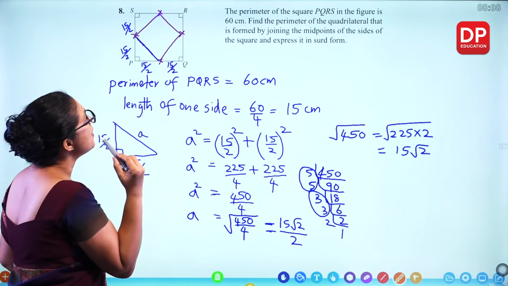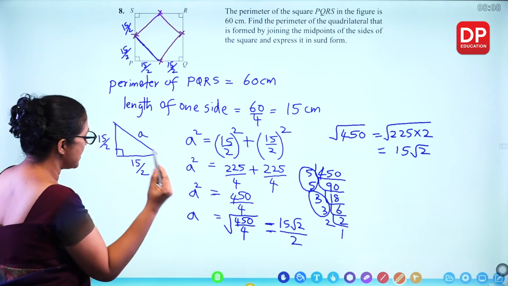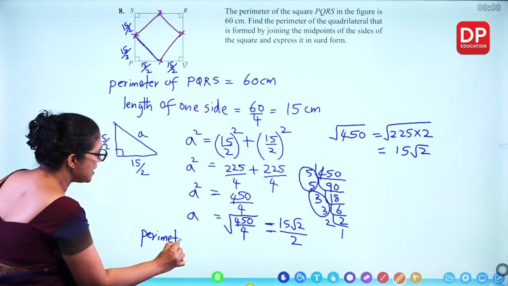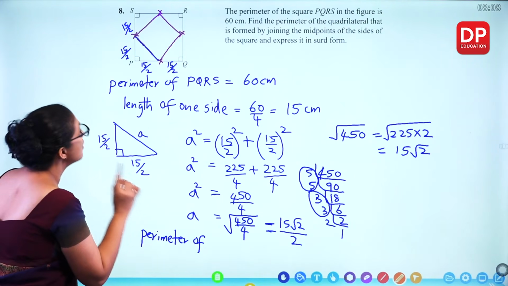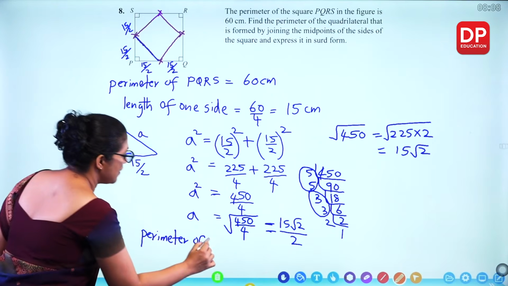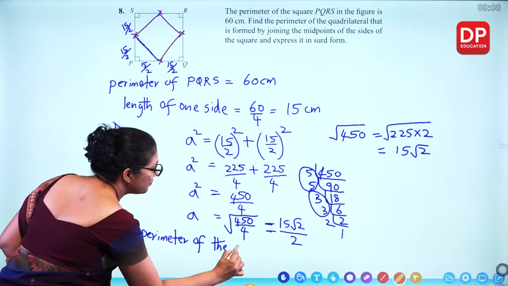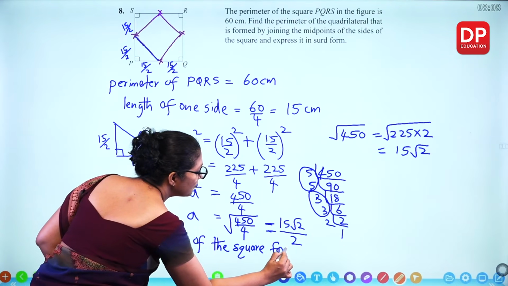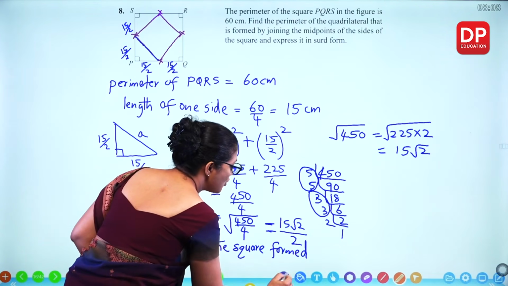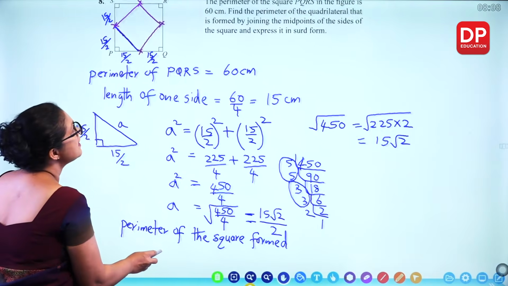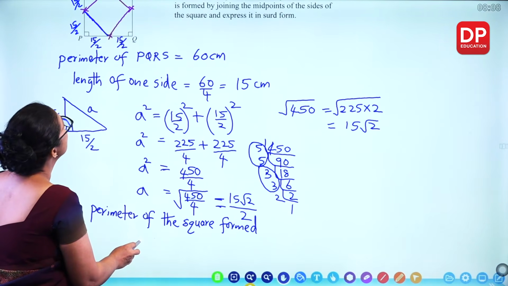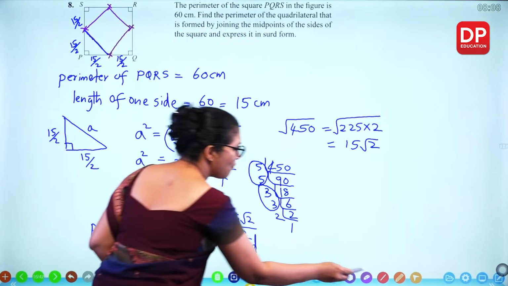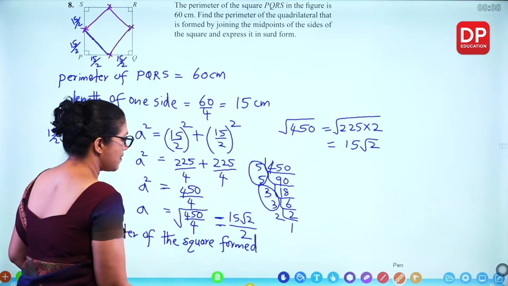So what's the perimeter? They ask the perimeter of the square formed. You need to multiply this by 4 because 4 sides are there. So according to the figure, 4 equal sides are there.